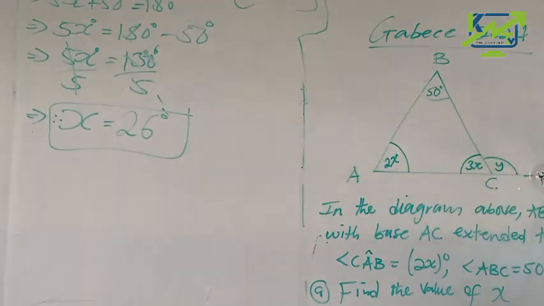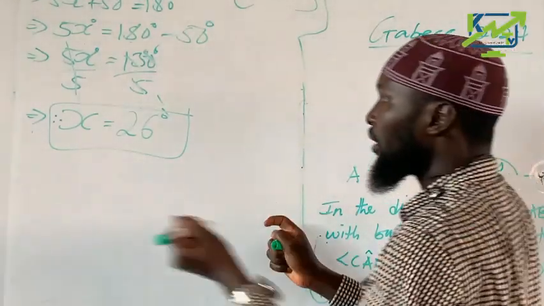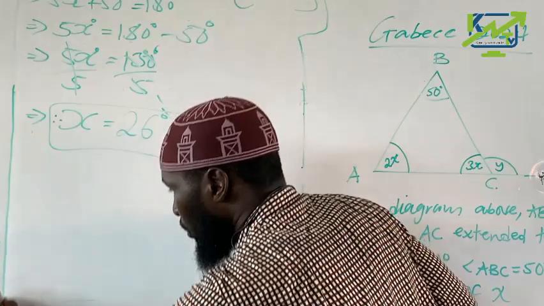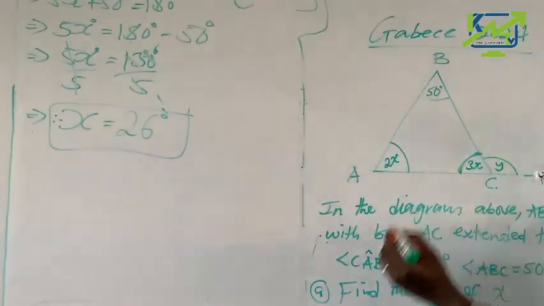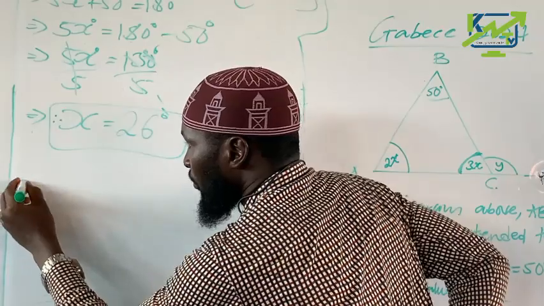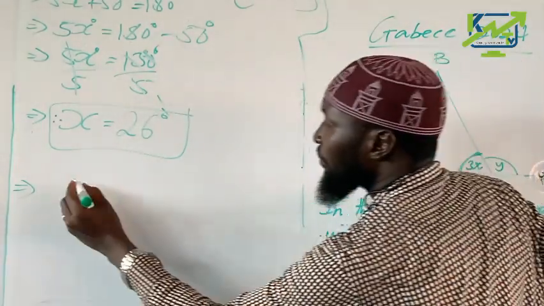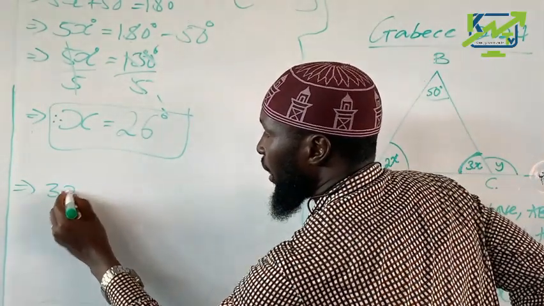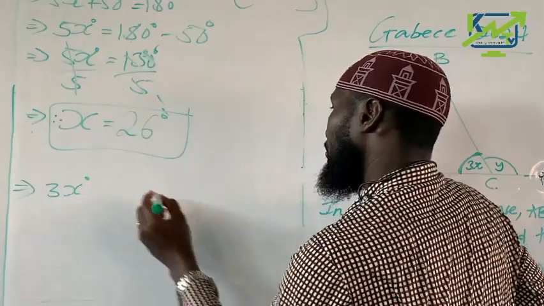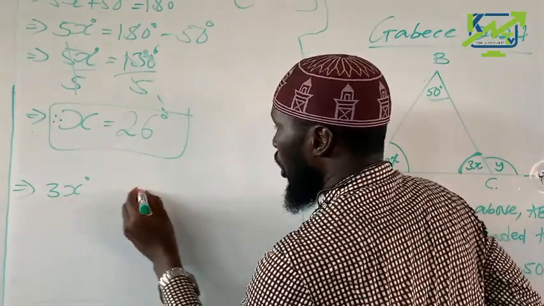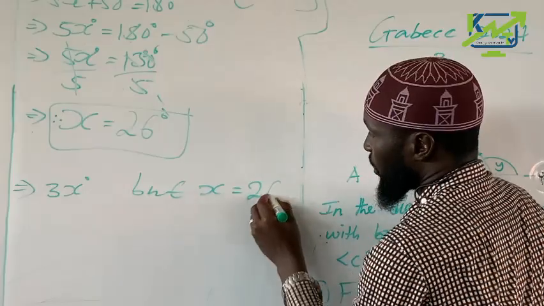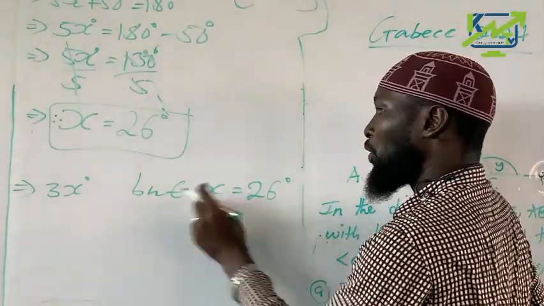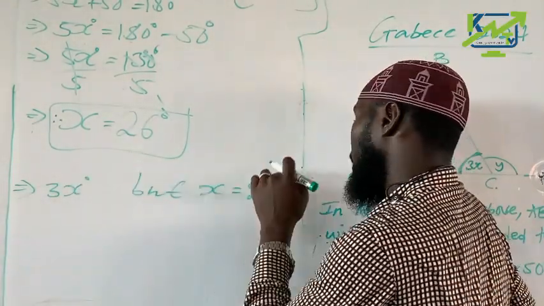But remember, our x is 26 degree. So in order for us to know the whole of this angle, we set 3x degree, but our x is equal to 26 degree. Wherever you see x here, you substitute 26 degree.